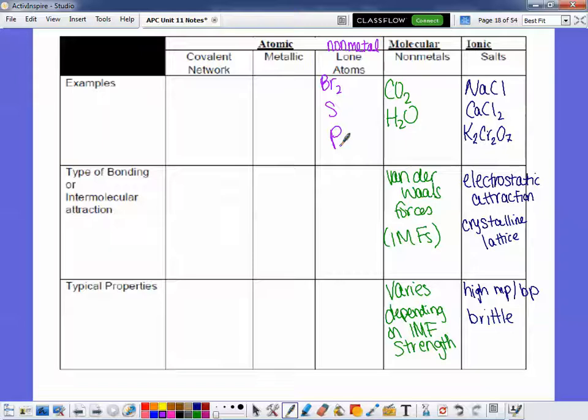All right, type of bonding or intermolecular attraction. There's only one type of force that holds these molecules together: London dispersion forces. LDFs only. Since it's only London dispersion forces, how would you describe these melting and boiling points? Low.